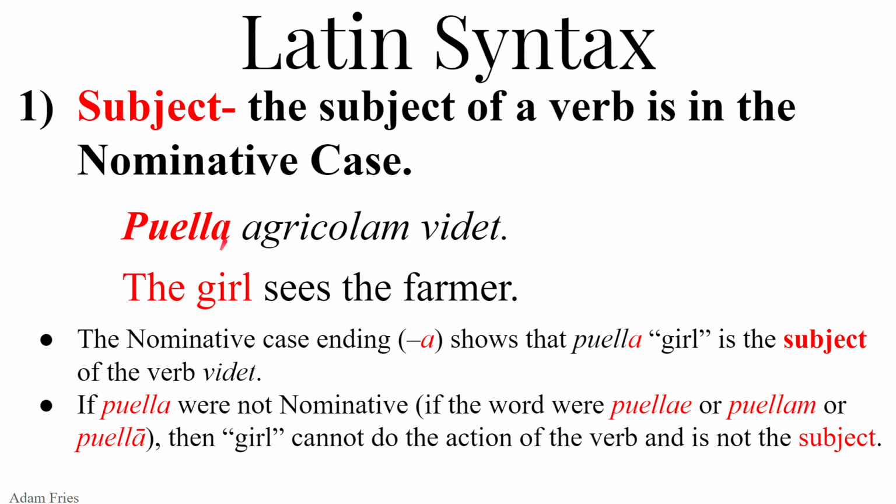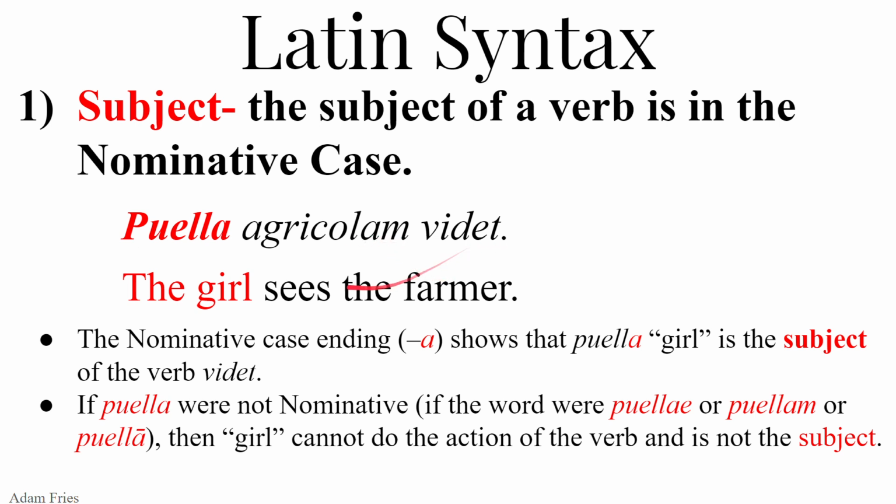If puella had a different ending, like if puella had an am ending, and this were puellam, and agricola had a nominative a ending, then we've changed the syntax. We've changed the meaning of the sentence to the farmer sees the girl. But we have puella, nominative, reason, subject, agricolam, that's the accusative. You'll learn that next chapter.